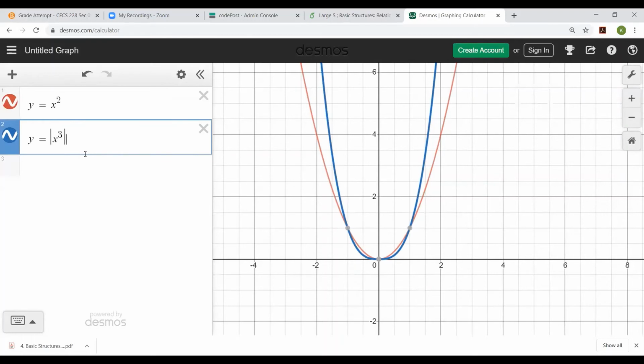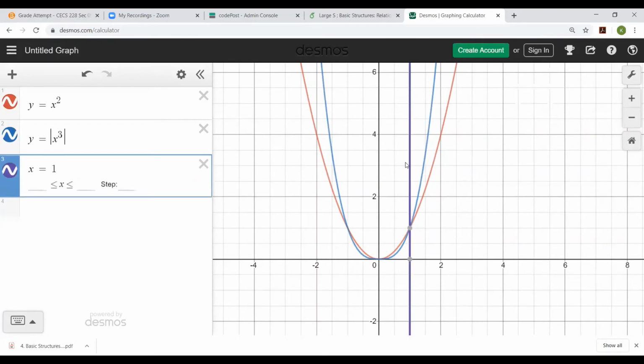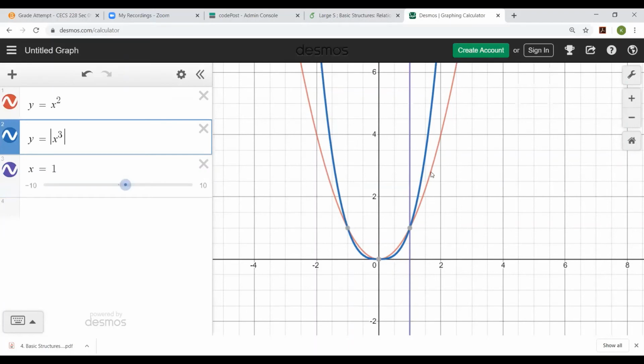If you notice, if I consider all of the x values greater than 1, so when x is equal to 1, here I'm drawing this vertical line, for any value strictly greater than 1, my absolute value of x cubed, this one here, is going to be greater than x squared.